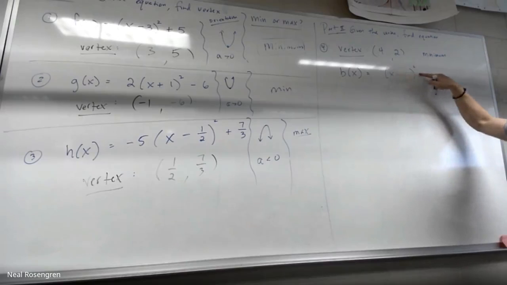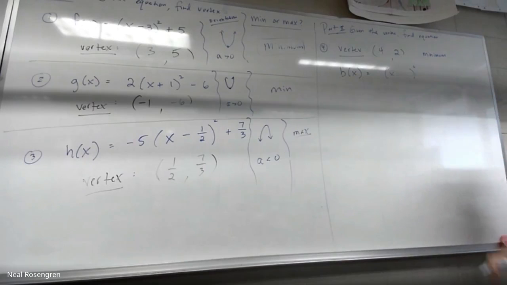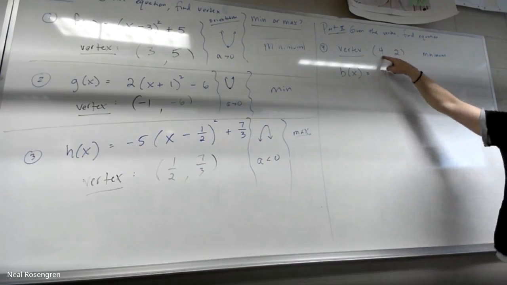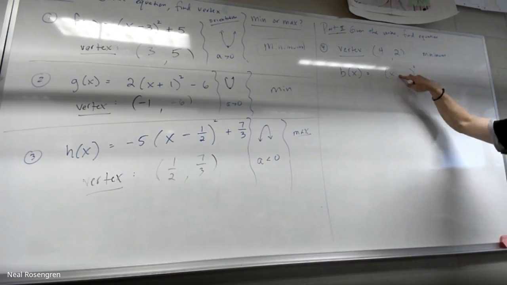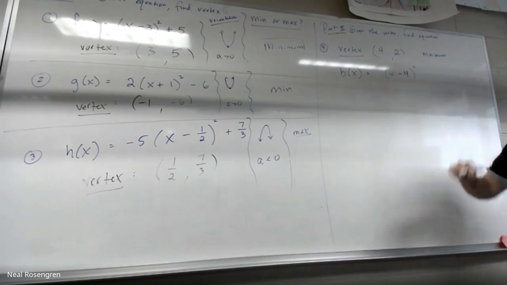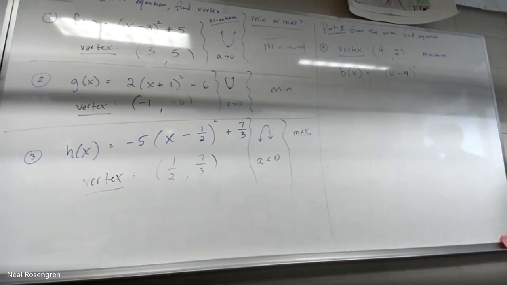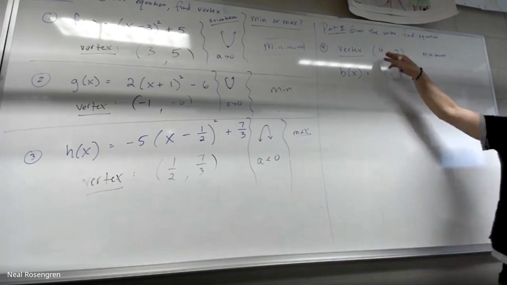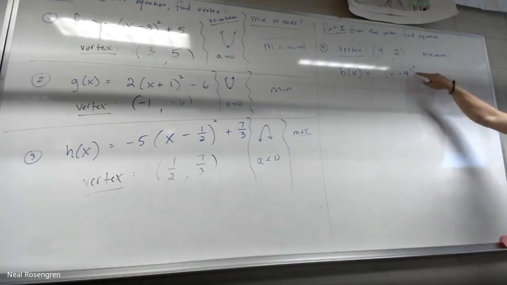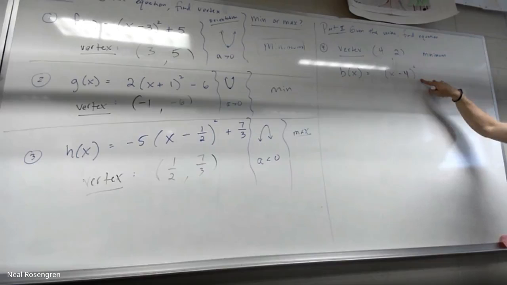Let's put the correct numbers now inside. If your X value is 4, what has to go on the inside? The opposite. Good. Horizontal shift, right 4. Perfect. If your Y value is 2, what's got to go out here?